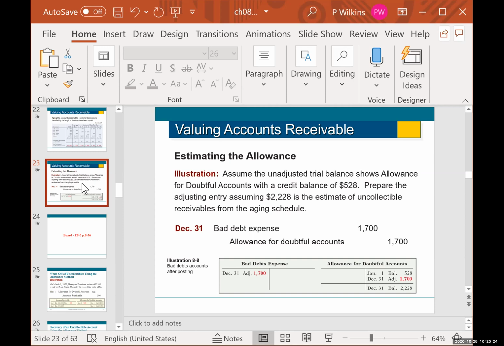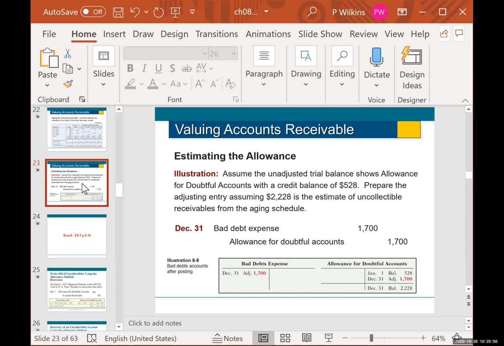So assume that the adjusted trial balance shows allowance for doubtful accounts with a credit balance of $528. Prepare the adjusting entry assuming the $2,228 is the estimate of uncollectible receivables from the aging schedule. So the rule tells us that if the allowance for doubtful accounts has a credit balance, we're going to subtract that amount from the amount that we want the ADA to be in order to get our entry.